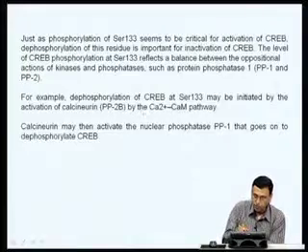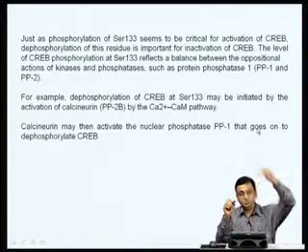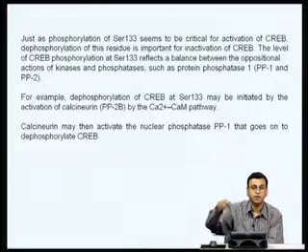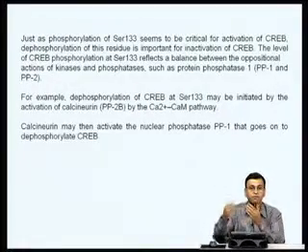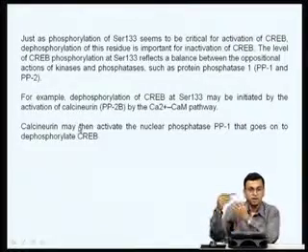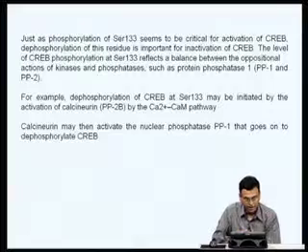Dephosphorylation of CREB at 133 may be initiated by the activation of calcineurin by the calcium pathway. So, there are certain signaling pathways which activate kinases, and there are certain signaling pathways which activate phosphatases. When pathways like the calcineurin pathway are activated, they stimulate the activity of phosphatases and therefore inhibit CREB activation.